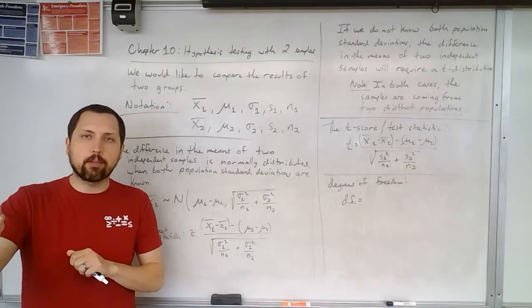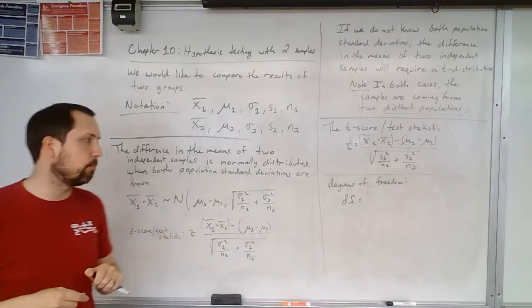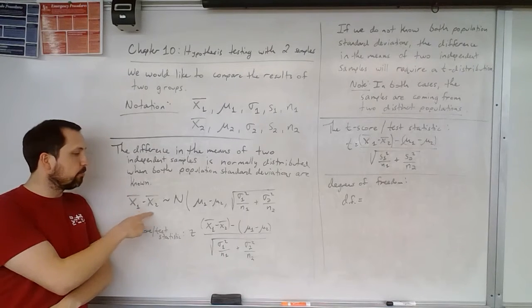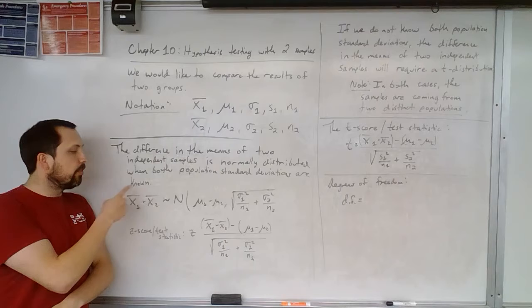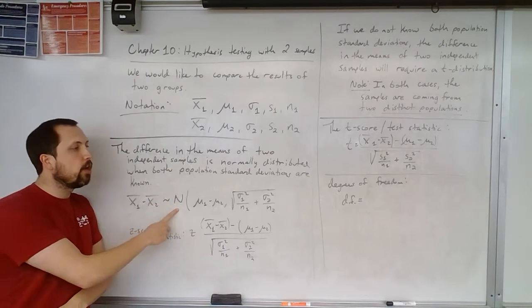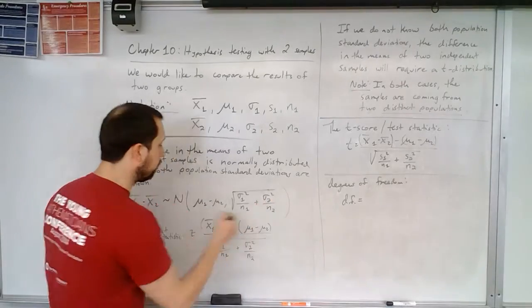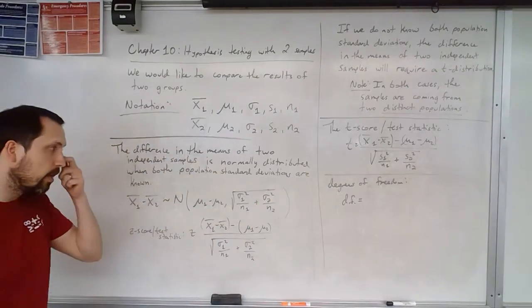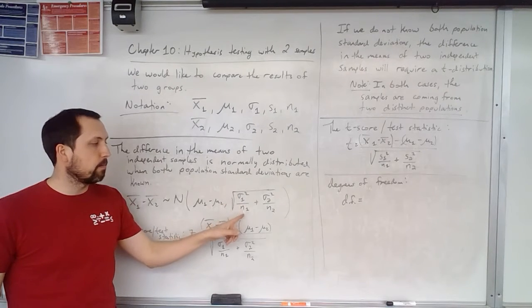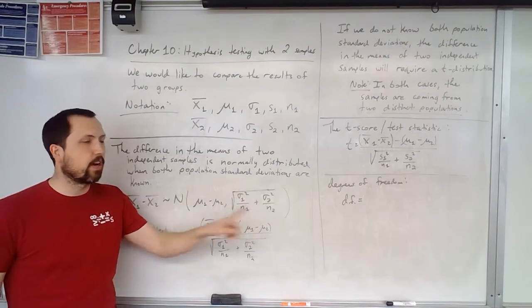So you have a known population standard deviation, you have these z's that appear. So we have x-bar sub 1 minus x-bar sub 2. The difference in our sample means is approximately normally distributed, where the mean is mu sub 1 minus mu sub 2, and then the standard deviation is the square root of sigma sub 1 squared divided by n sub 1 plus sigma sub 2 squared divided by n sub 2.